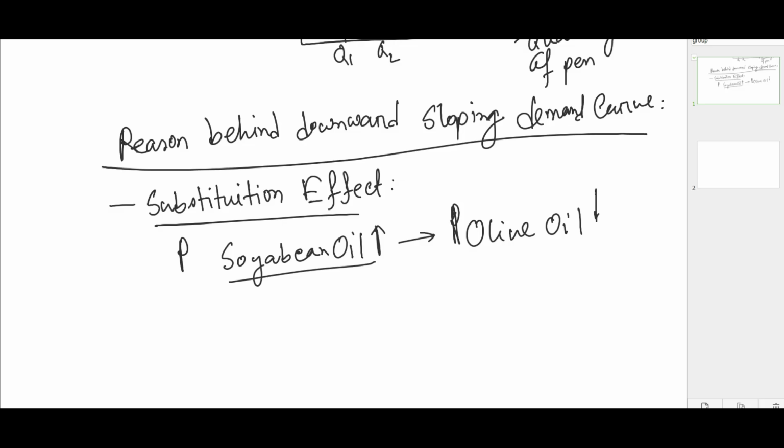Another effect is the income effect. As the price of a good increases, people have less disposable income.